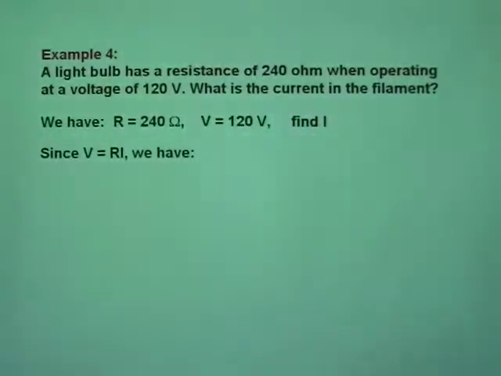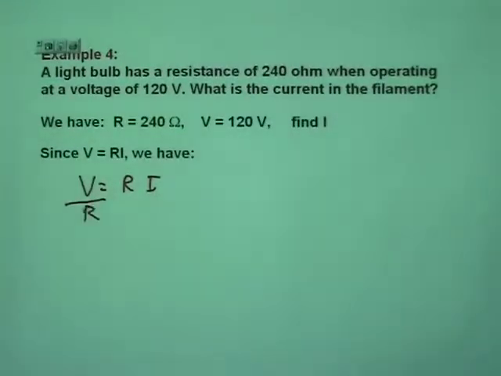Okay. So, we have V equal to IR. Divide the left hand side by R because we need to solve for I, and divide the right hand side by R, and R cancels on the right side.